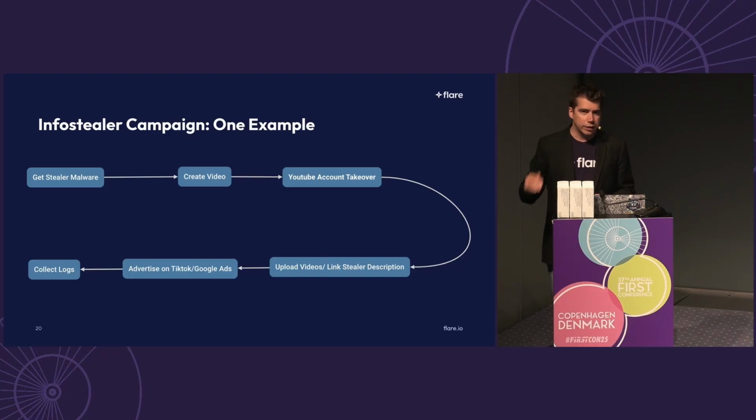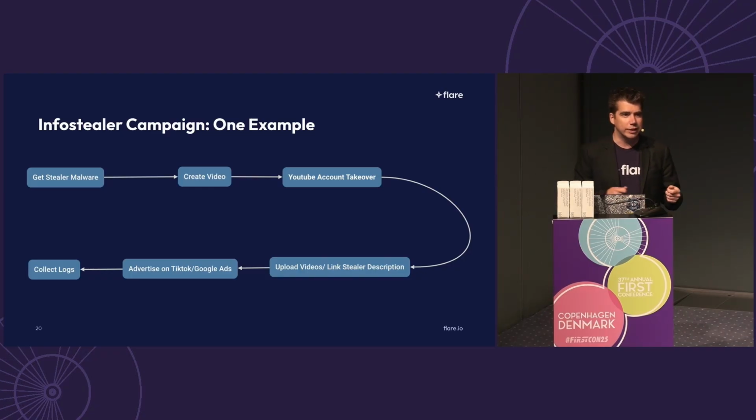They will provide a link to the cracked software in the YouTube video, and they will often add a password to that zip, and they will say, oh, we cannot distribute this. This is illegal, so this is why AV detects it. So they give a social engineering warning that AV is going to pop up, and users are expecting it.